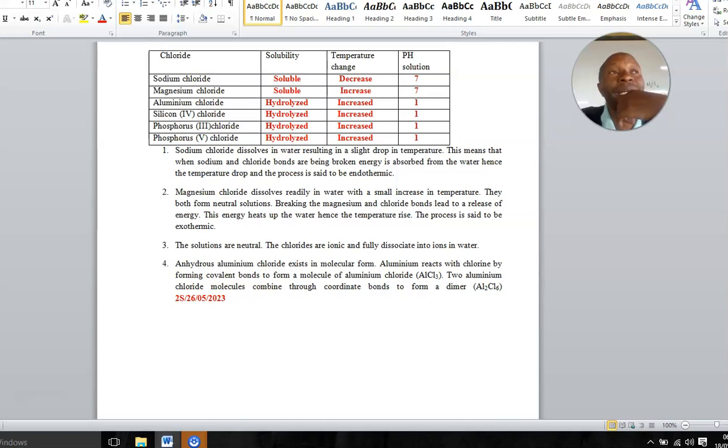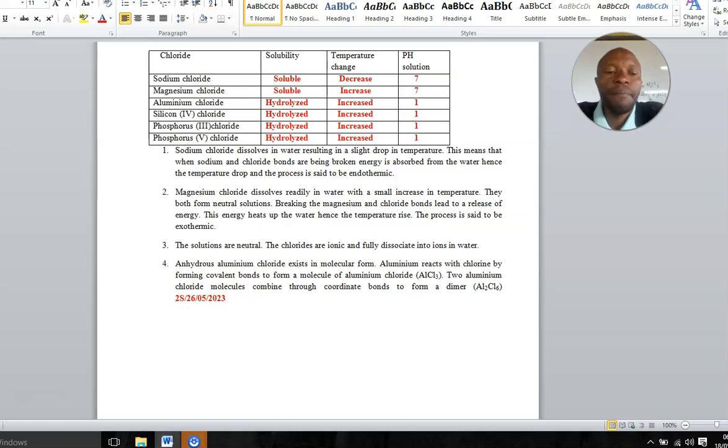Aluminium chloride is molecular, silicon 4 chloride is molecular, phosphorus 3 chloride is molecular, phosphorus 5 chloride is molecular, and they all undergo hydrolysis to produce the respective substances, and of course they are acidic in nature.